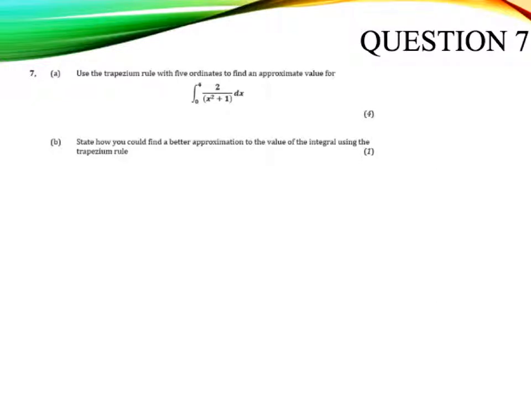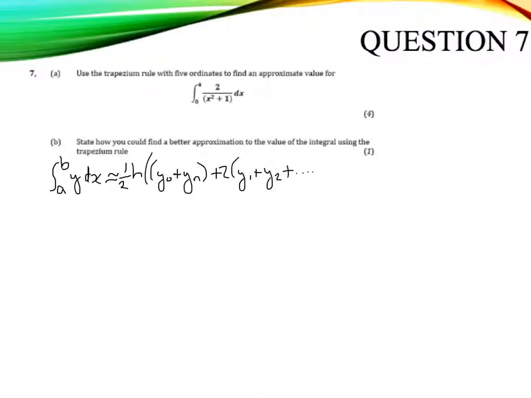The trapezium rule is given to you in the formula booklet. It looks like this. It's the integral between a and b of y dx is approximately given as a half h, y0 plus yn, plus 2 lots of y1 plus y2 plus all the way up to yn minus 1.